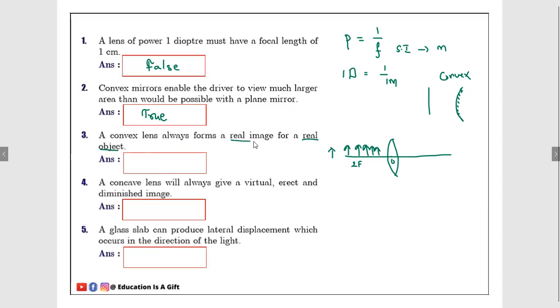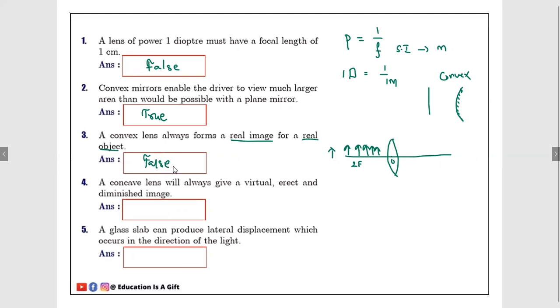We will get real images for 5 positions, but for the 6th position we will get a virtual image. So the answer will be false.